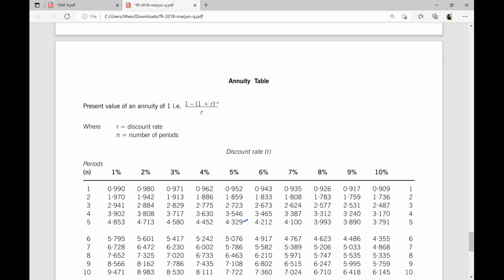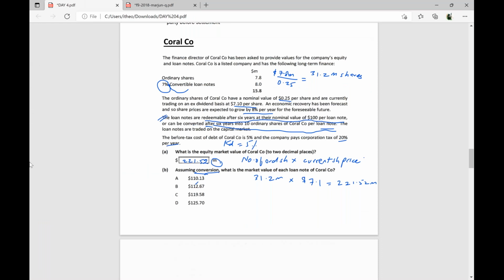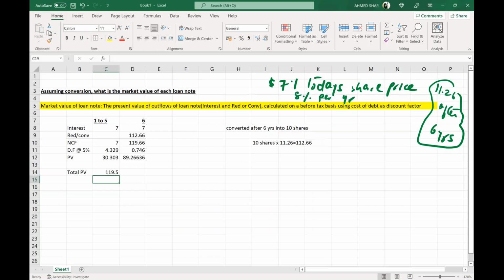This is the present value of all outflows, so this is the market value. Because you see, I have fulfilled the definition: I have calculated the present value of two outflows, interest and conversion. That's what the definition is. Please copy this.